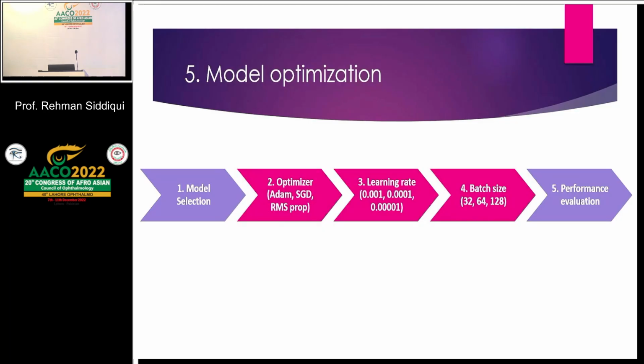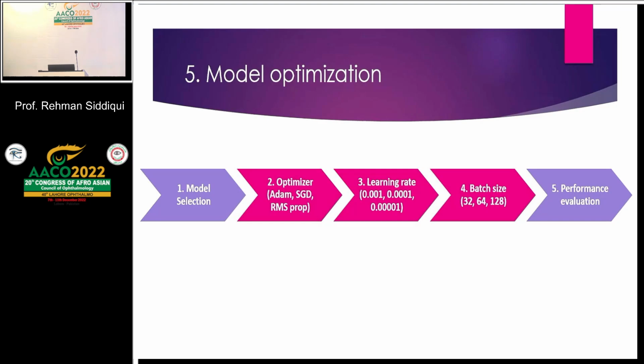Although the chosen model was performing well, its accuracy was further optimized by tuning hyperparameters. In this work, a few hyperparameters that we configure are as follows. Number one is optimizer, number two is learning rate, and number three is batch size.